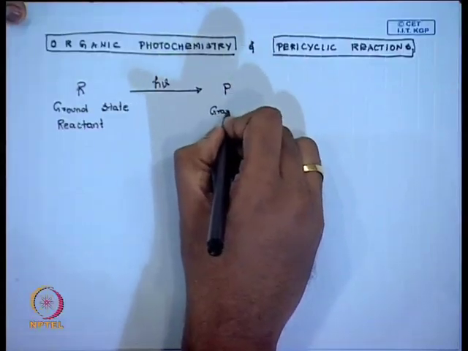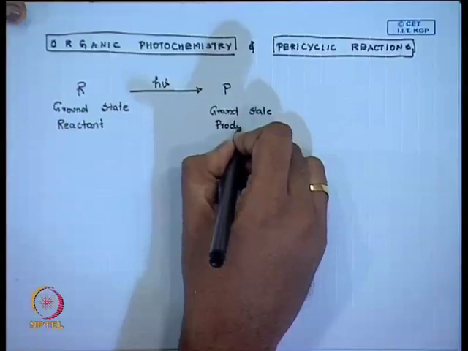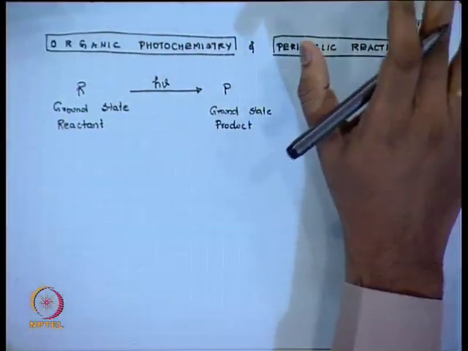We call that a ground state product. So, this is the simplest representation of organic photochemistry. You know about organic chemical reactions.